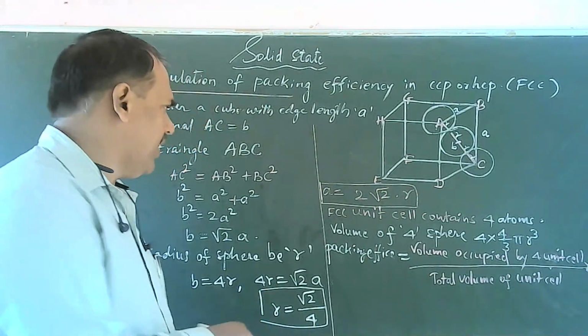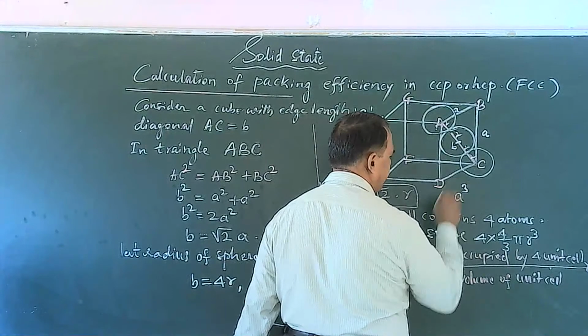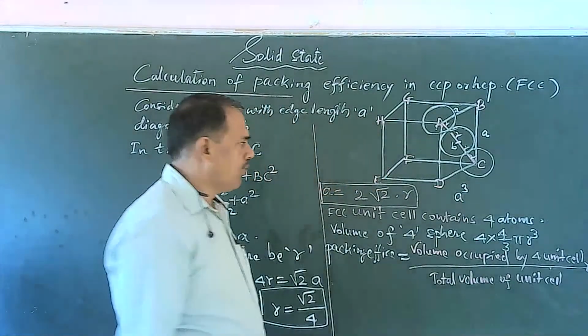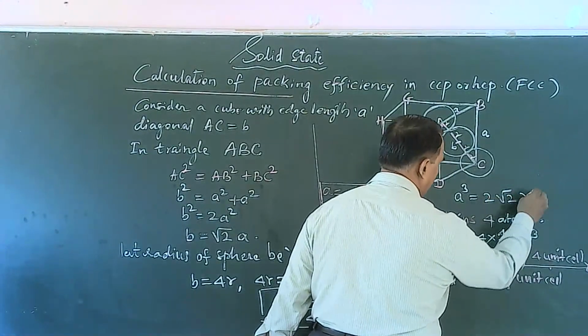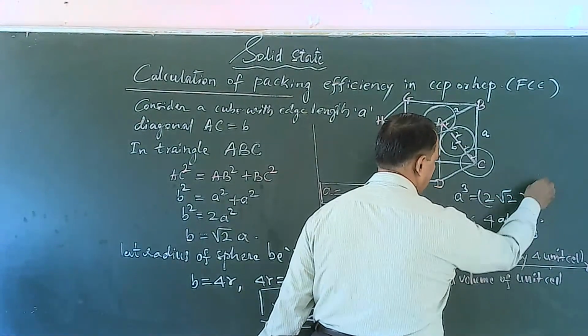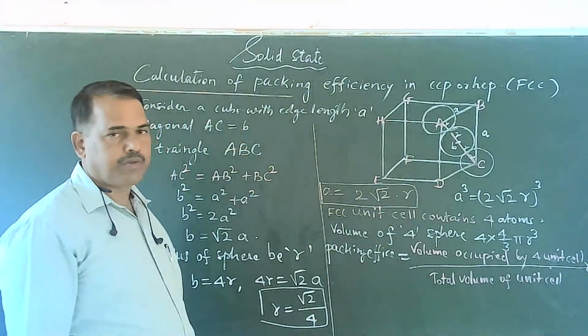What is the total volume of the unit cell here? It is nothing but A cube. What do you mean by A cube? A cube is nothing but 2 into root 2 R, the whole cube. Now you have to just substitute the value.